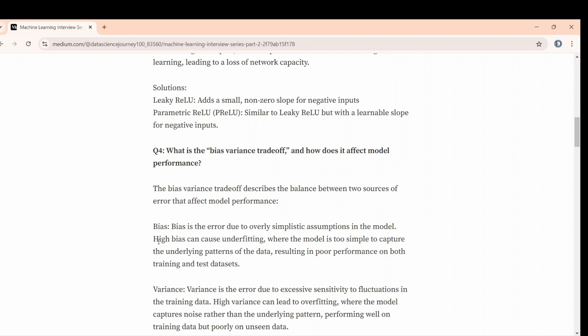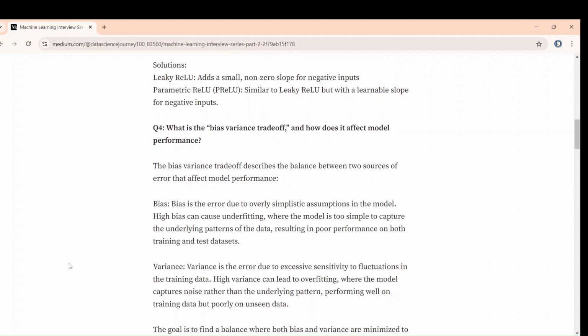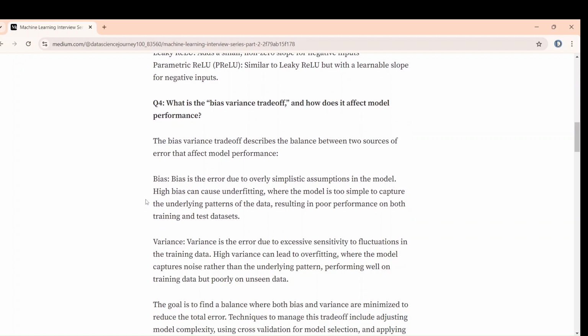It's like you are not reading at all, so you are not learning anything, so you are underfitting. That is what is known as bias, when your model is underfitted. The exact opposite is variance. When you have memorized everything, that is overfitting. That time we can say it is high variance.